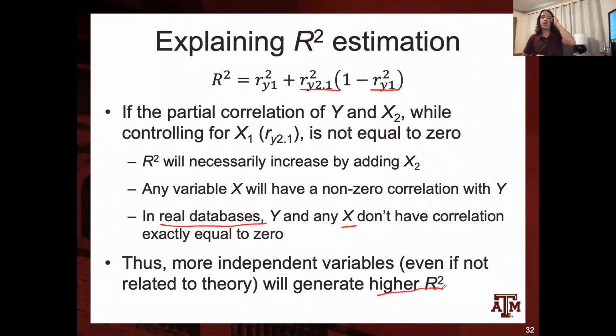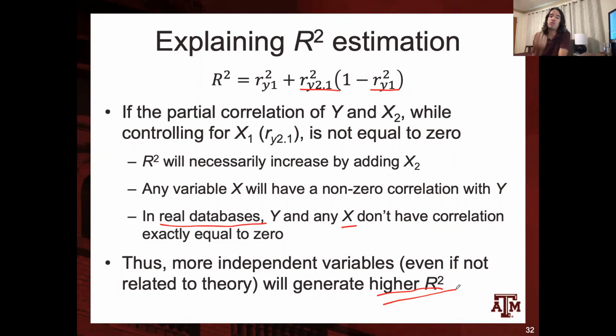Even independent variables like the size of your shoe, the size of your shirt, or the color of your shoes, the color of your shirt, that don't explain anything about your income, if you include those variables, your R-square will still increase. So the purpose of our regressions should not be simply to increase the size of R-square.